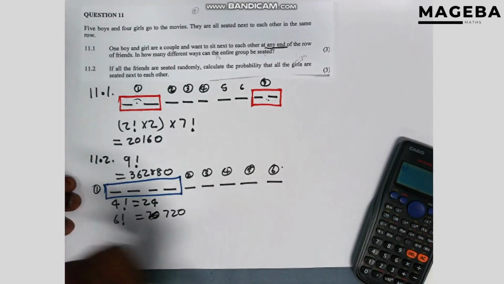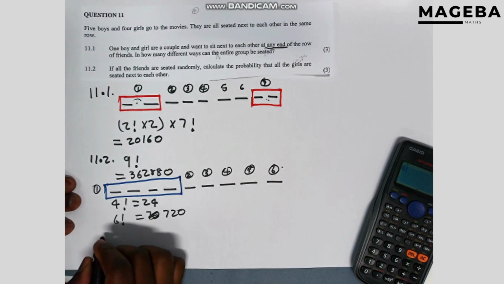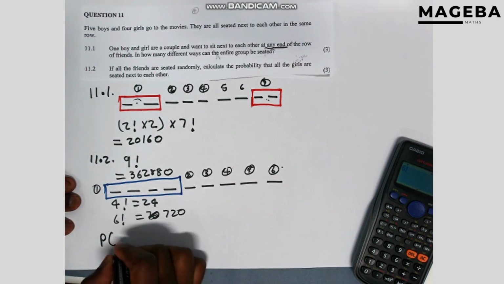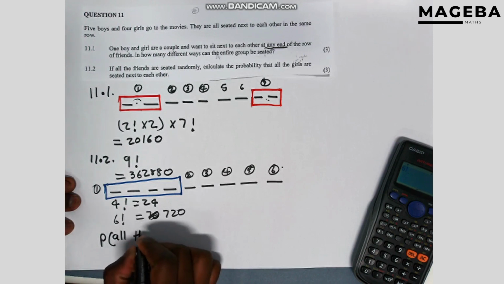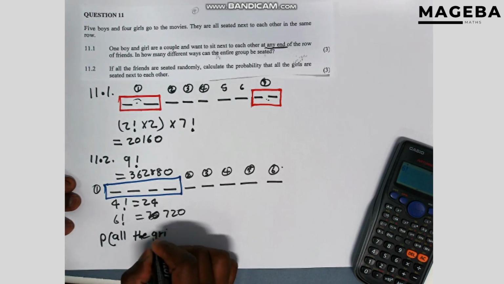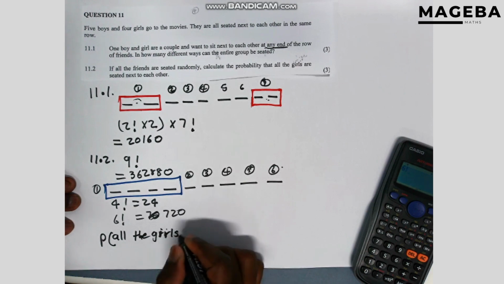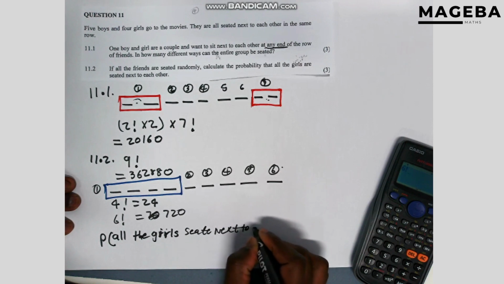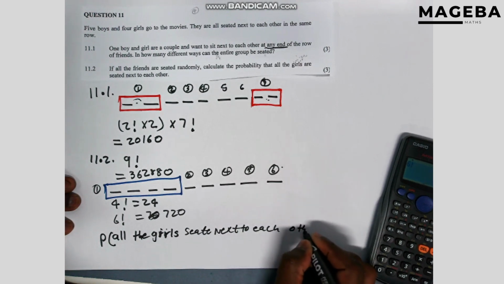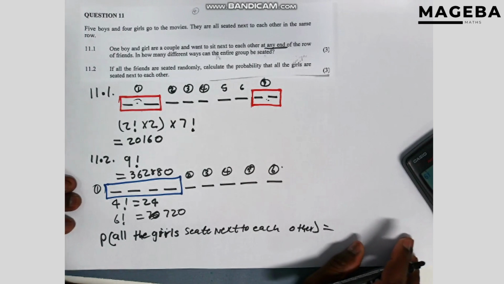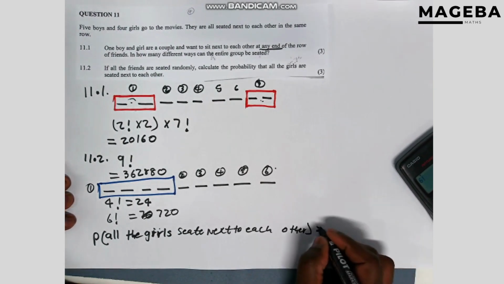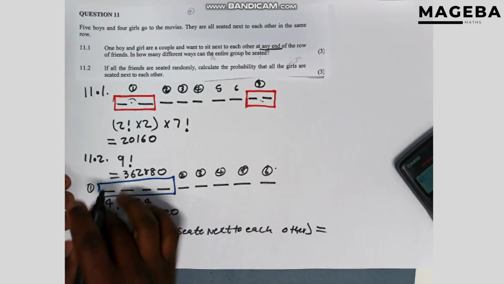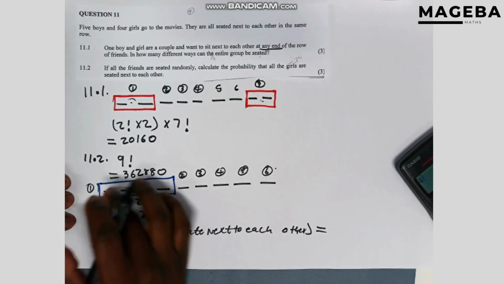Remember, we are calculating the probability. So the probability of all the girls seated next to each other is what we are calculating. We already found the arrangement based on the restriction they gave us here.